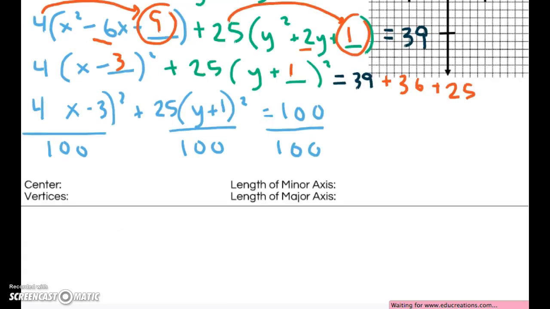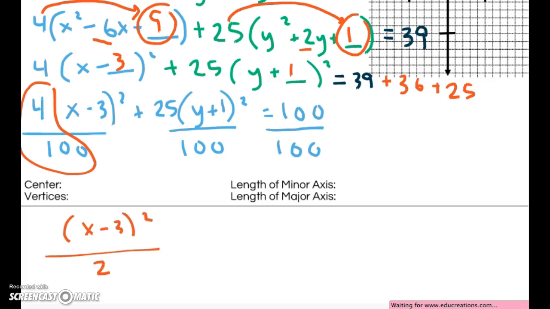So now I'm one step away from the final answer. I need to think about reducing 4 over 100. And that actually becomes, I'm going to move down here, (x minus 3) squared over 25. Because you could think of 4 going into 4 one time, going into 100 25 times.